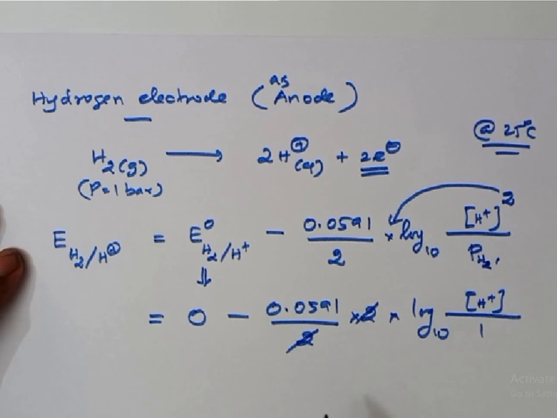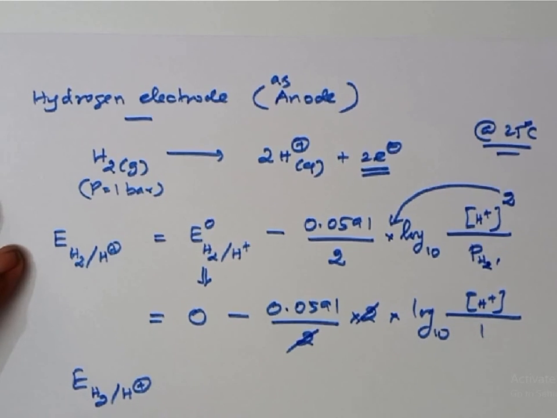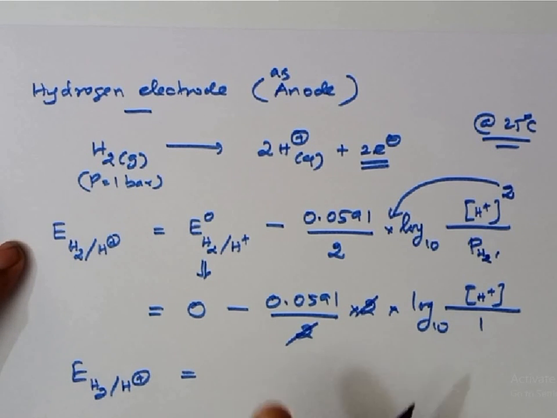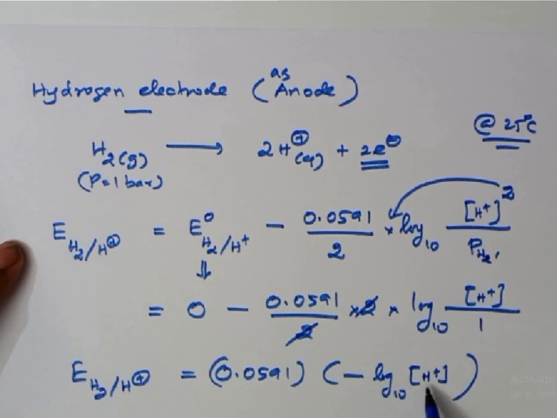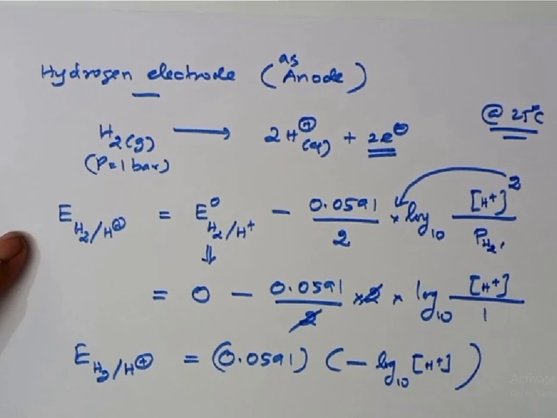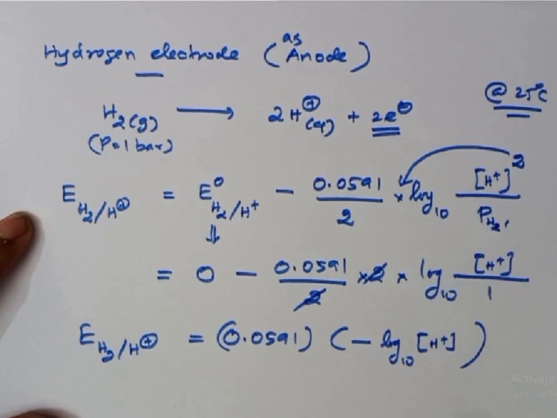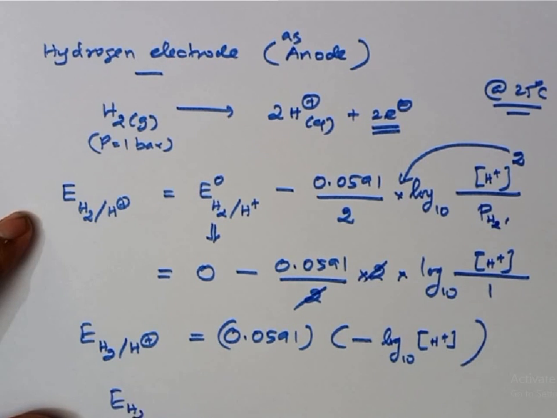So this 2 cancels, so what we get is, the oxidation potential of the hydrogen electrode, H2 becoming H plus, equals minus 0.0591, I'll keep this constant as such, into minus log base 10 of the concentration of H plus ion. I'll take this minus here. The negative logarithm of H plus is nothing but pH. Therefore, I can write this as E of H2 becoming H plus equals 0.0591 into pH of the solution.